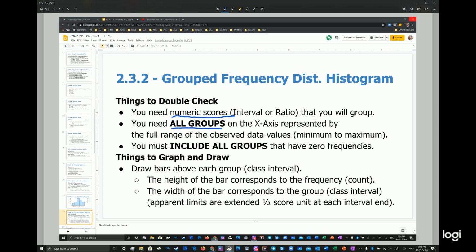Your groups are represented on the x-axis, and you count all the scores that are recorded in each group, including zero frequencies. For example, let's say nobody scored between 0 to 9%. Well, we include that too. Things to graph and draw, a bar for each group. Again, to remember, the height of the bar represents the frequency, that's your y, and the width of the bar represents the group, that is your x.